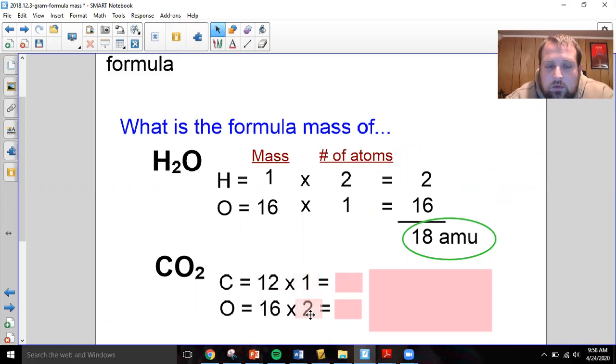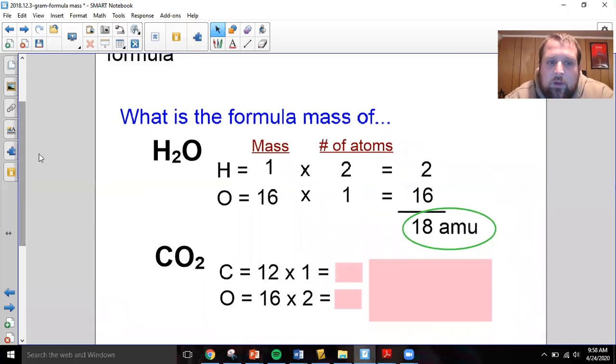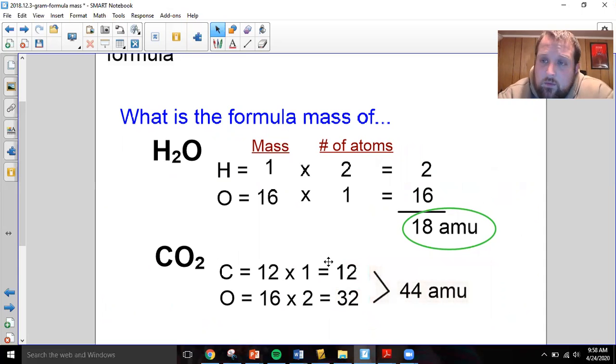Oxygen, there's 2. When you're doing this, be careful about capitals versus lowercase. Since these are both capital, you know they're 2 different elements. So then I multiply, carbon has a mass of 12. The 2 oxygen atoms together have a mass of 32. So altogether, that's a mass of 44. Easy peasy.